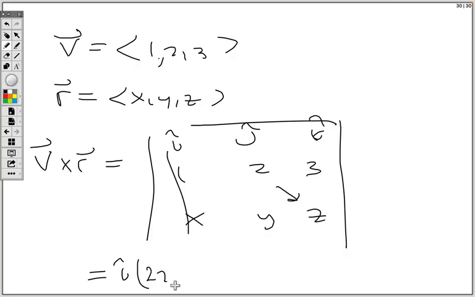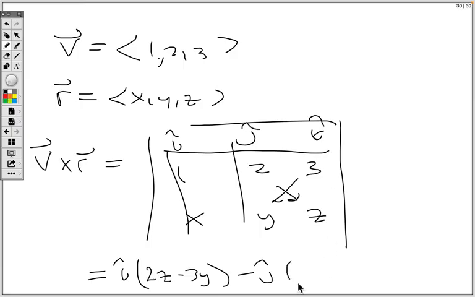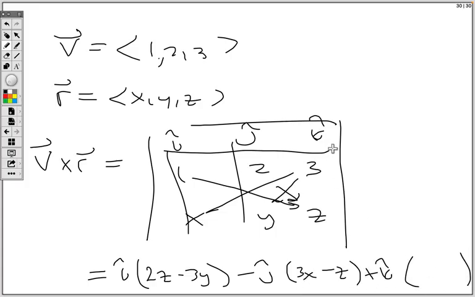So we'd have 2z minus 3y, minus j times, we would imagine, ignoring those, we'd have 3x minus z. And then for the k component, we would imagine, ignoring that, we'd have 1y minus 2x.